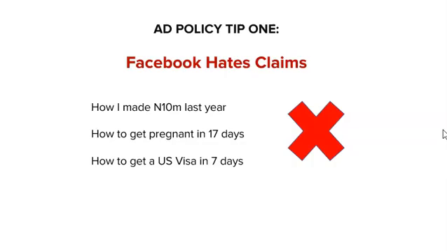Making claims is a cheap way to get attention, and that is what a lot of fraudsters use. Facebook knows this, and that is why they hate any advertiser who makes claims in their adverts. What you should do instead is advertise your product without making claims, and you should be able to easily do this if you use the pre-sale angles I gave you in day 3.